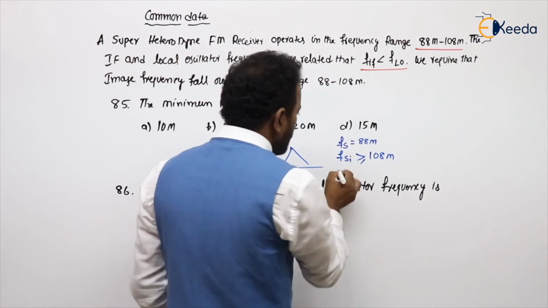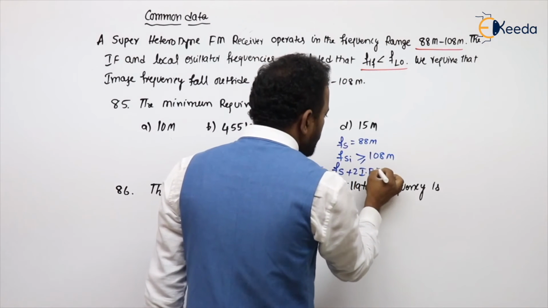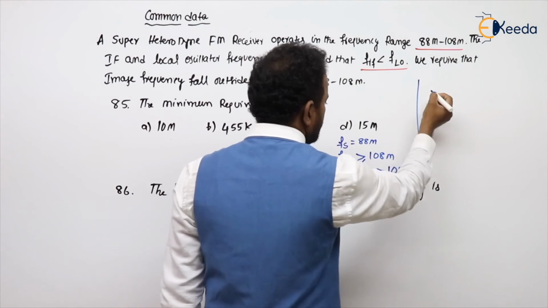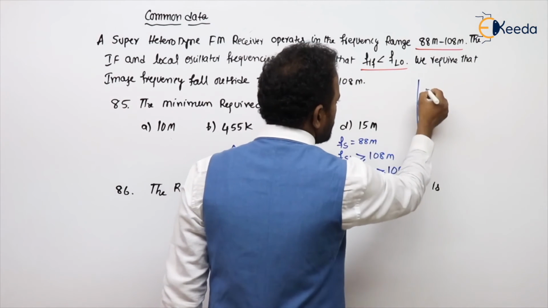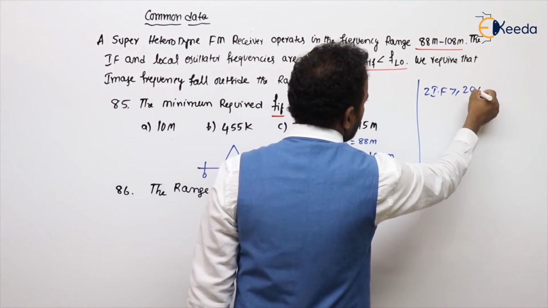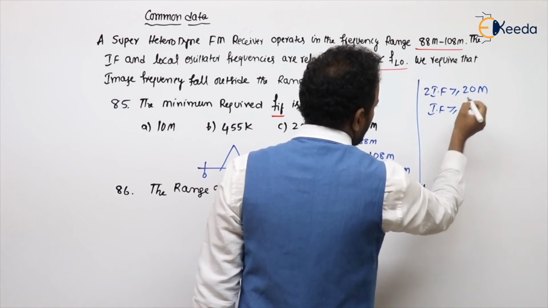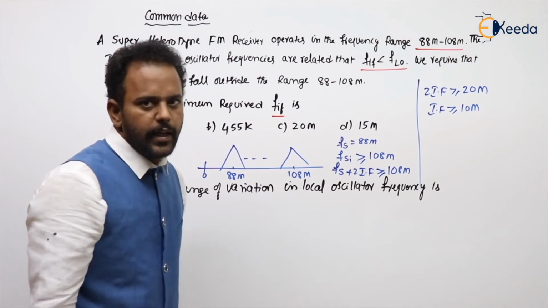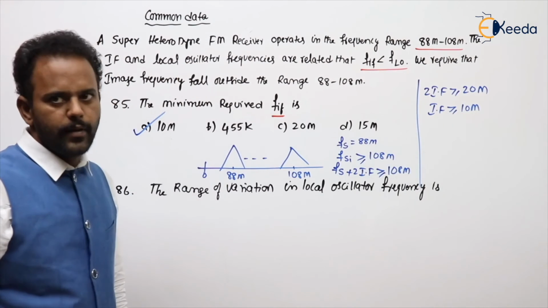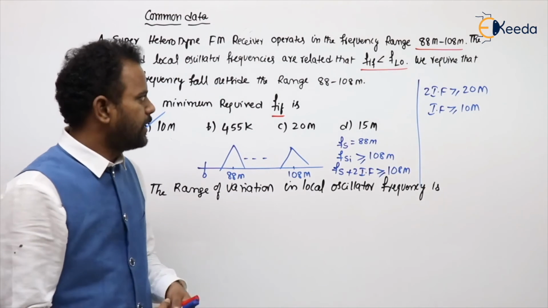What is the image frequency formula? fs plus 2IF greater than or equal to 108 MHz. Then with fs equal to 88, 2IF is greater than or equal to 20 MHz. Then IF is greater than or equal to 10 MHz. So its minimum value should be 10 MHz. That is the answer.